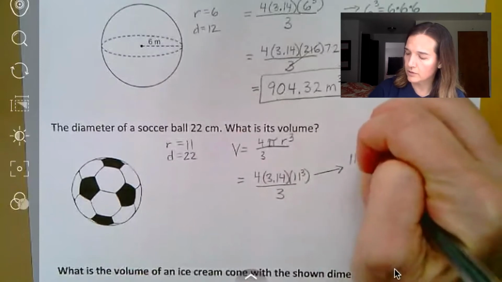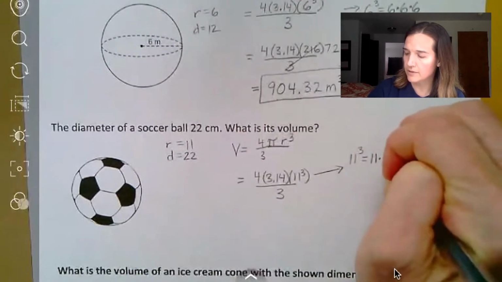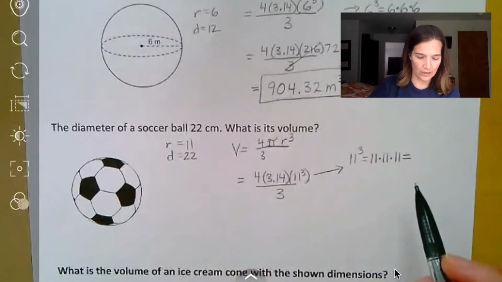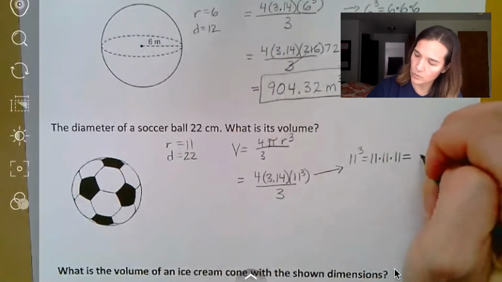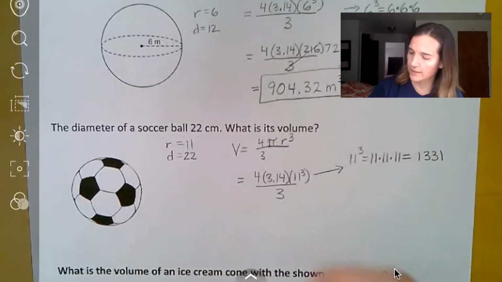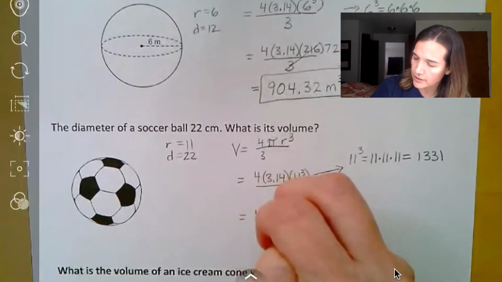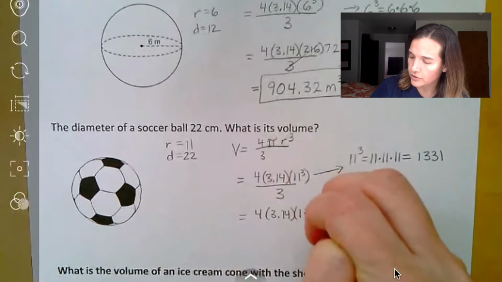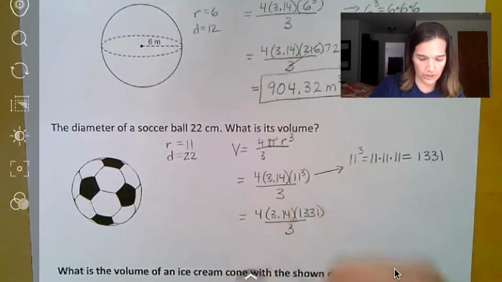Side note, 11 cubed is the same as 11 times 11 times 11. 11 times 11, 121. And 121 times 11 is 1,331. So we'll use that now. 4 times 3.14 times 1,331, all divided by 3.